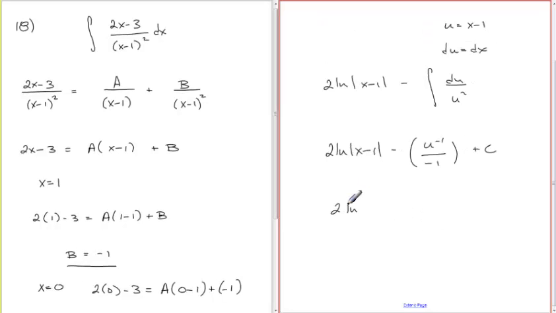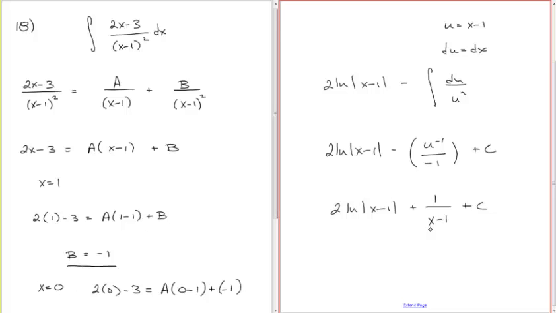So we have 2 times the natural log of the absolute value of x minus 1. The negative signs cancel out, so we have plus u to the -1, which is the same as 1 over u, but u is x minus 1. So let's review what we did here. The negative signs cancel out, so it becomes positive. U to the -1 is the same as 1 over u, and u is x minus 1.